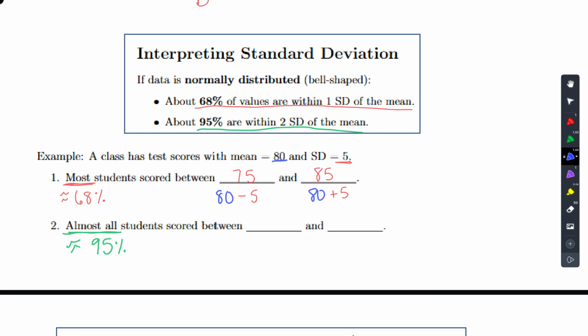So you're literally doing 80, not minus 5, but minus 2 of them, 10. So the standard deviation changes, like they'll say it's 2 or whatever. You just add that number or subtract that number to the average. That's all you do. So it's not horrible. It's just you have to remember what that means, so that can be hard.